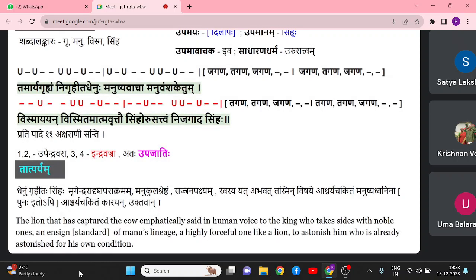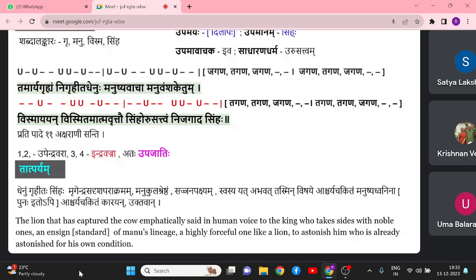Okay, somebody read the English one. I will read, madam. The lion that has captured the cow emphatically said in human voice to the king, who takes the sides with noble ones and ensign of Manu's lineage, a highly forceful one like a lion, to astonish him who is already astonished for his own condition.